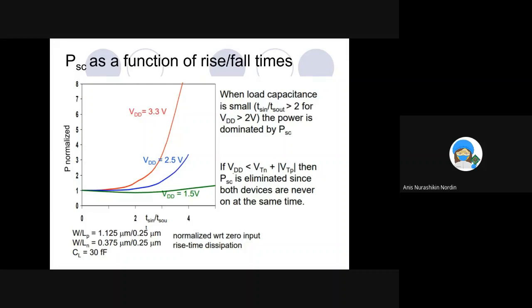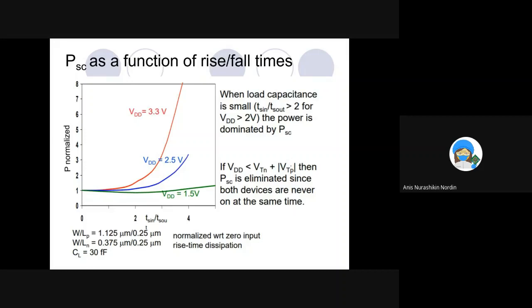All right. But if you manage to put VDD less than V threshold of N plus V threshold of P, then the short circuit power is eliminated since both of the devices are never on at the same time. Okay, so how do we do that? We will look at the voltage here.